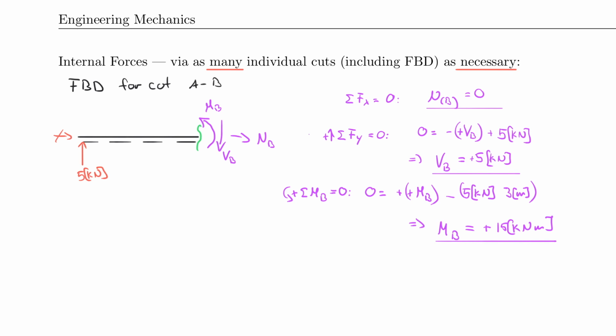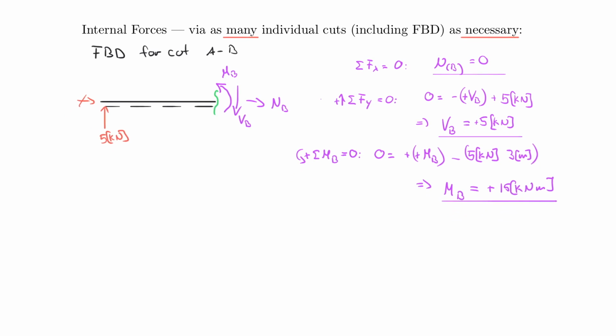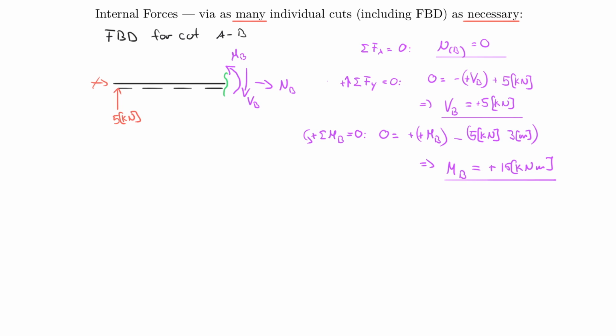Okay, now we are ready to actually make the next cut, and the next cut was at C. And to do that, all I have to do is extend my free body diagram a little bit. So I'm going to do the free body diagram for A through C, if you will. And the way that looks is very similar, just a tiny bit longer.